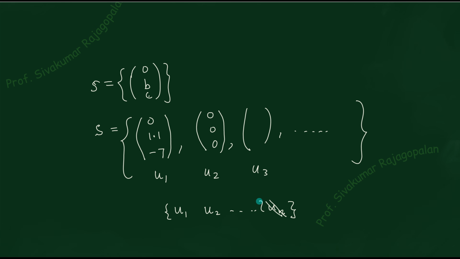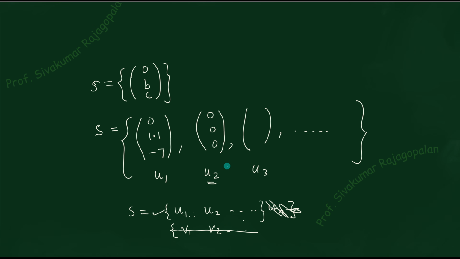So we have to close the bracket here, meaning that it is an infinitely large set. In fact, u is optional. If you want to say that v is a vector, we can always say that v1 is a vector, v2 is a vector. So it's a kind of symbol. Whatever symbol you like, it's okay. So in this case, you now understand when I write S is equal to {u1, u2, u3, ...}, you can understand what it is. They are actually representing this kind of thing.